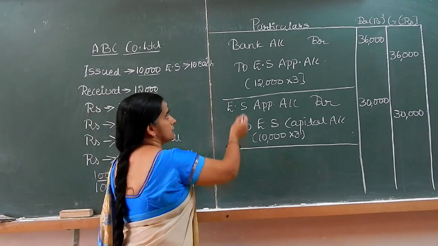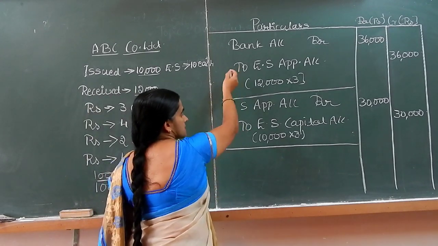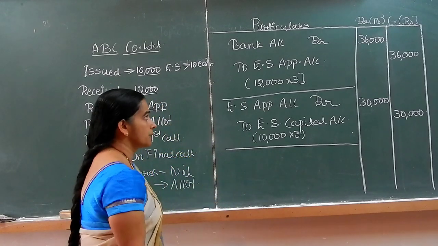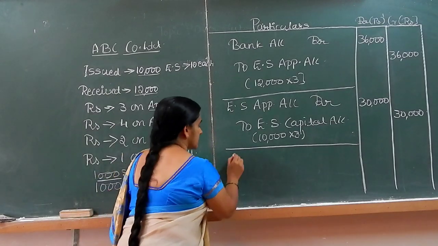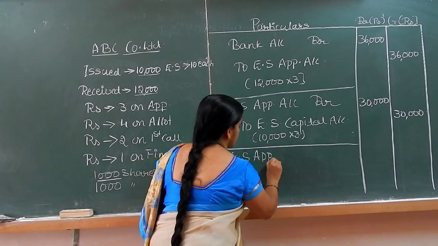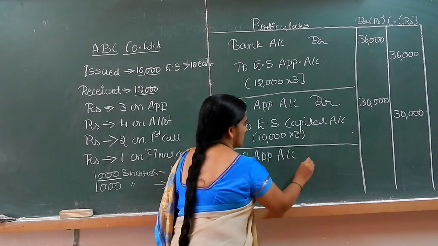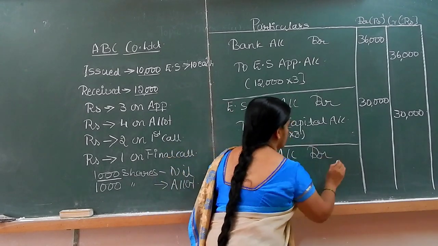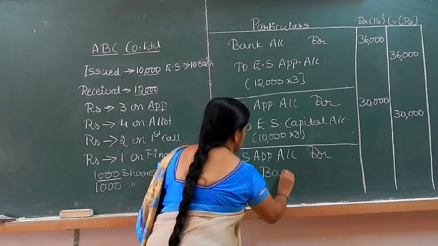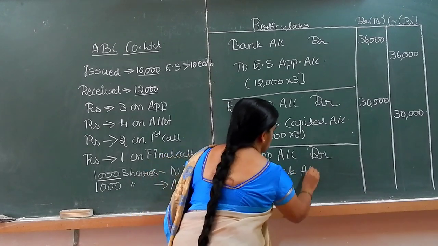So actually the reverse entry of the first entry will be made while returning the application money. So what is the journal entry now? That is equity share application account debtor to bank account.